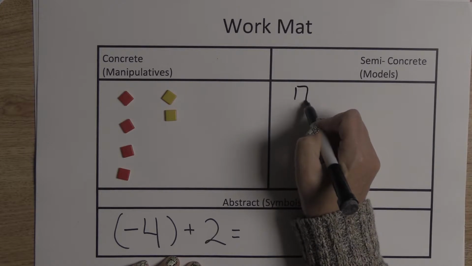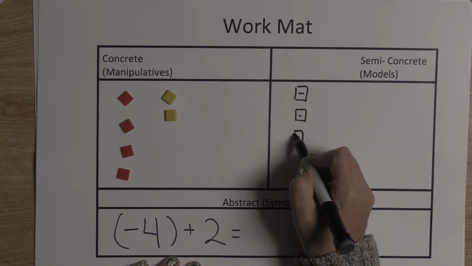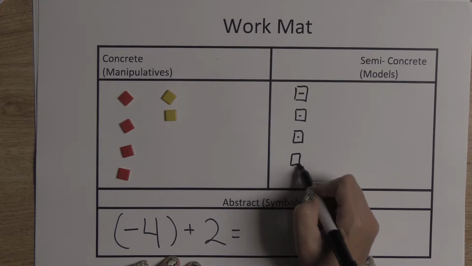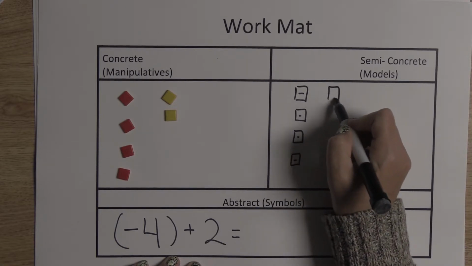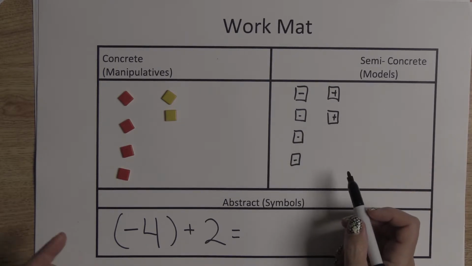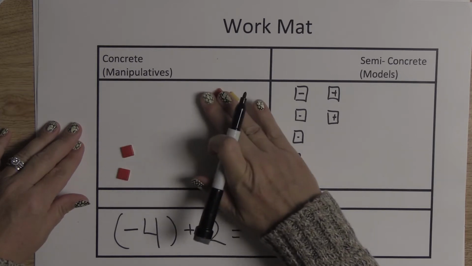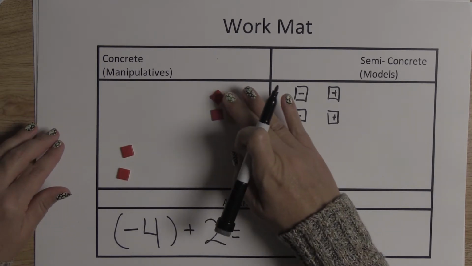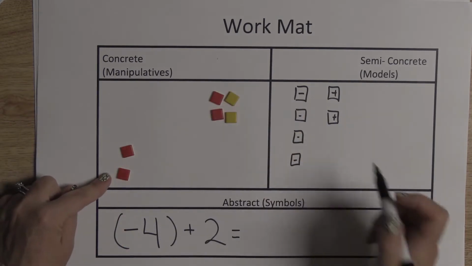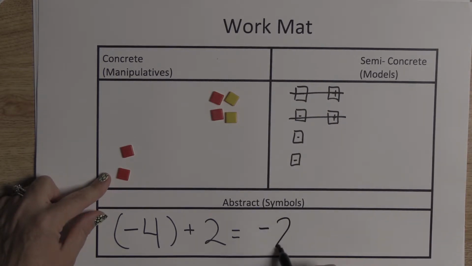I'm going to go over here and we'll go ahead and draw this out. Okay, I've done that. I'm going to zero pair. If I zero pair, that means these are 0. And I have -2.